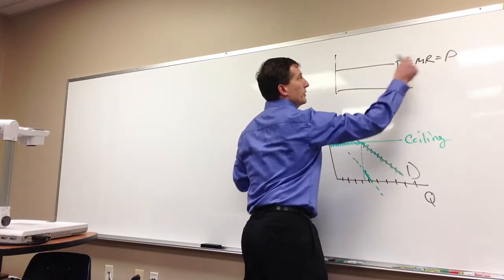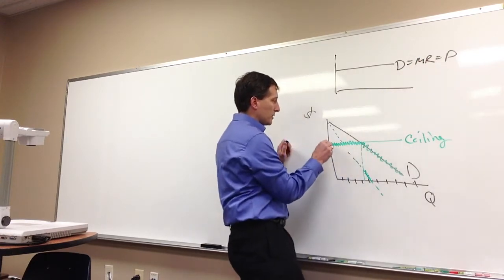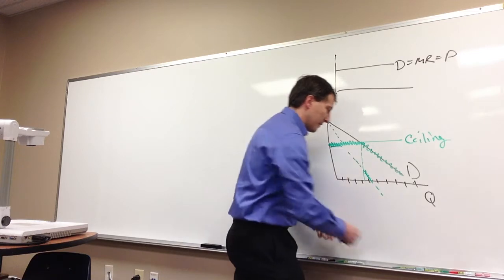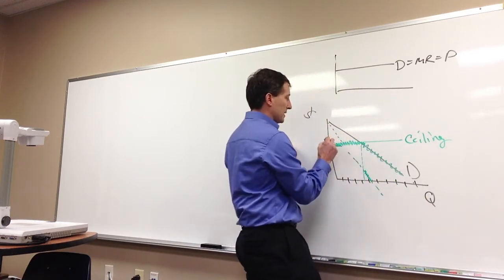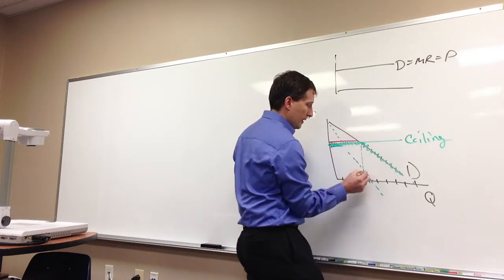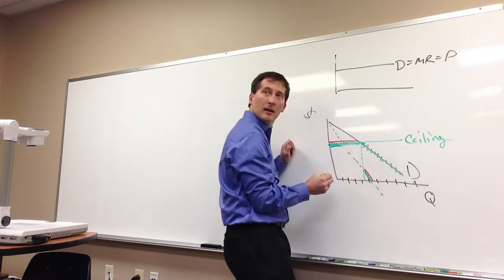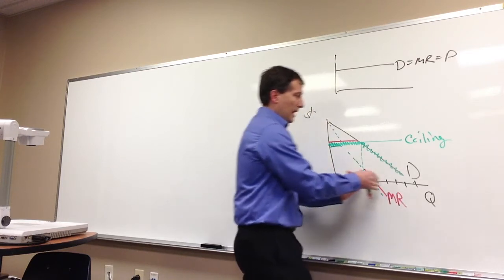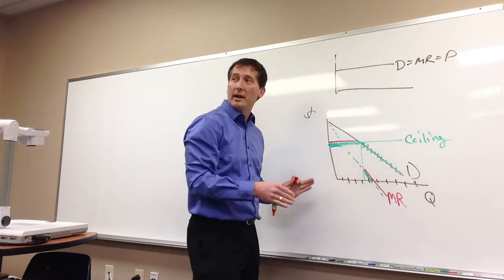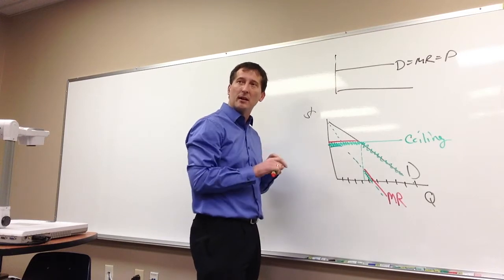Again, marginal revenue equals price equals demand up here. So the blue line, oh, that's not blue, I put in a different color in there. My blue line here represents marginal revenue, and then it goes like this. So all of these things follow suit, and your anchoring point is quantity, which changes where the breakpoints are.